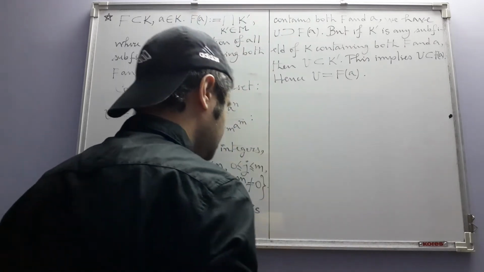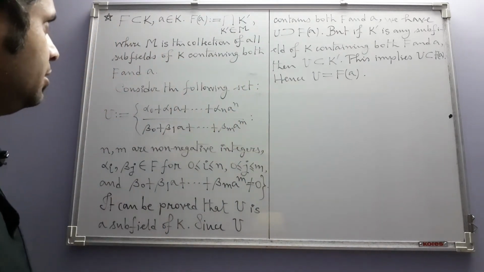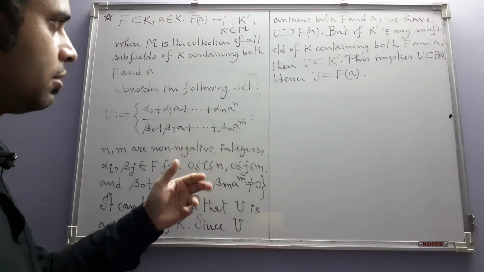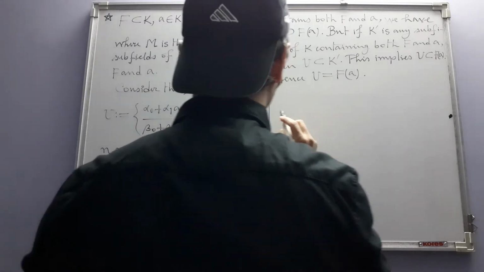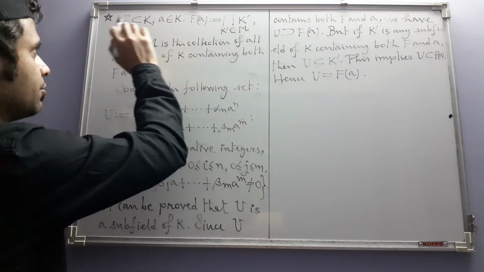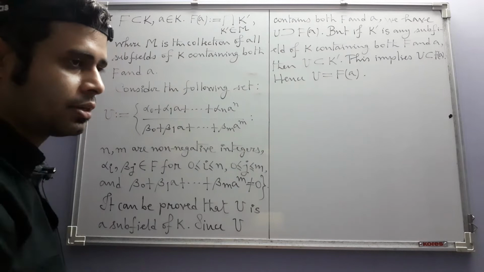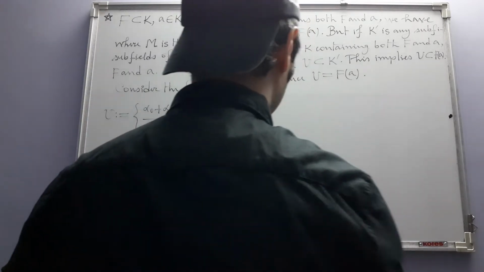Okay, now we see what an element in K being algebraic over F has to do with finite extensions. So we are now going to link algebraicity of A over F and finiteness of the extension F(A) over F in this theorem.